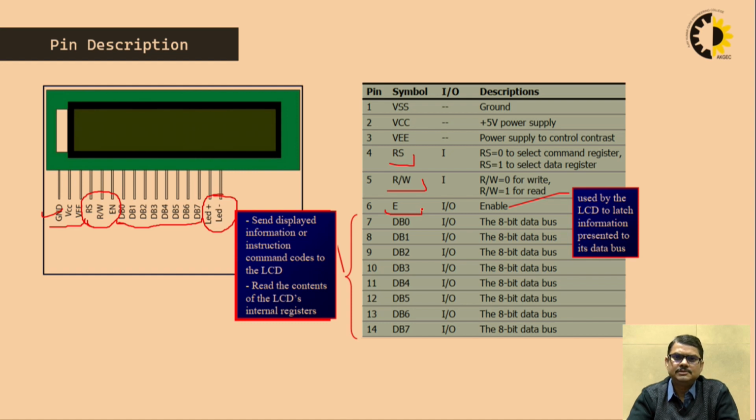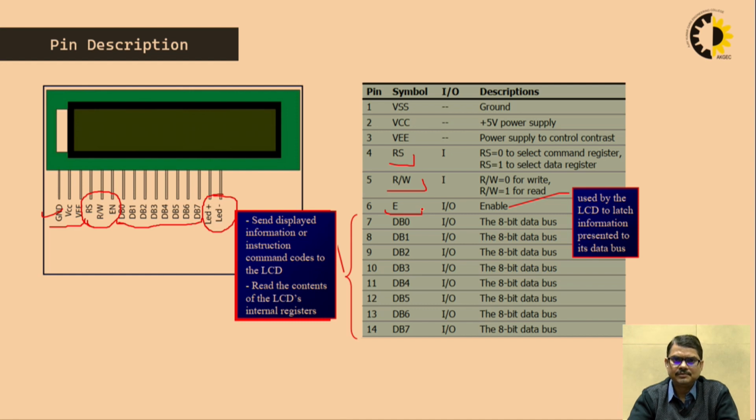In order to operate the LCD, we need to send certain commands which define how this LCD is going to work, and these commands are stored in the command register available inside the LCD. If we are sending any data that we want to display on the LCD, we send those data bytes into the data register, which is also available inside the LCD.